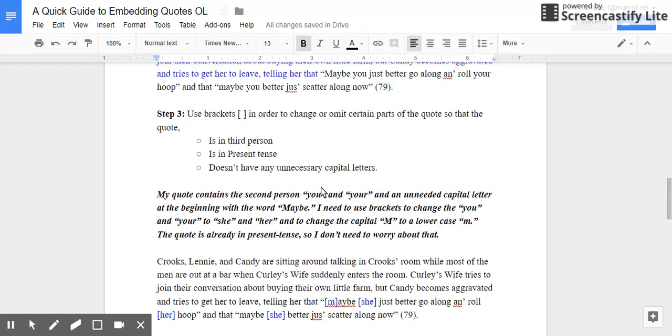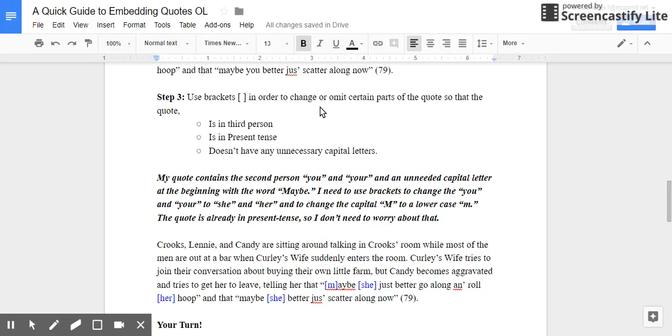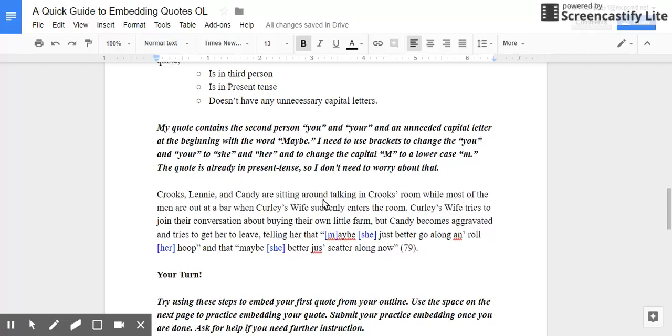I changed the capital maybe up here to a lowercase maybe, and then I changed you to she, and your to her, and the other you to she again. So you'd have to do the same thing if there was first person pronouns like I, me, or my. You would have to change that to third person pronouns like he and she. So just be on the lookout for that.